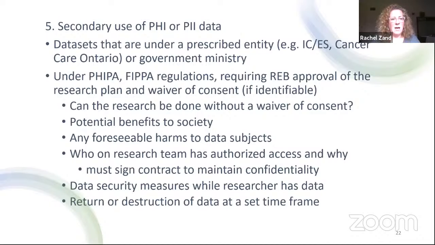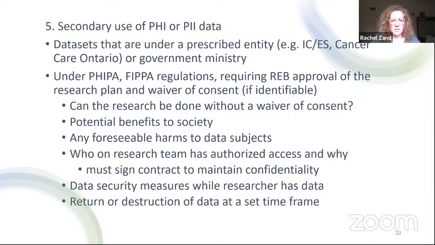Just briefly, I'm going to talk about the secondary use of PHI, or personally identifiable information. As I had said earlier, these may involve a database or data set that was created for research purposes, but sometimes they come from administrative or clinical data.